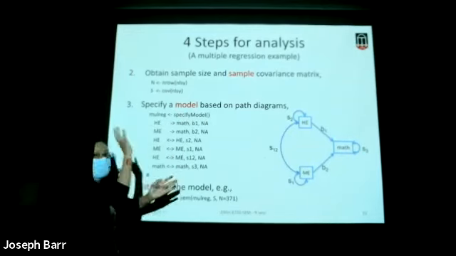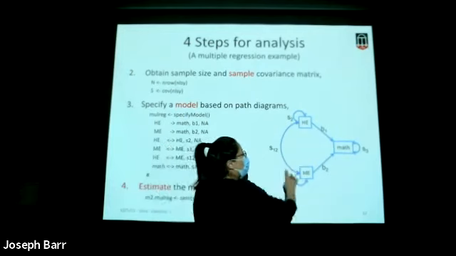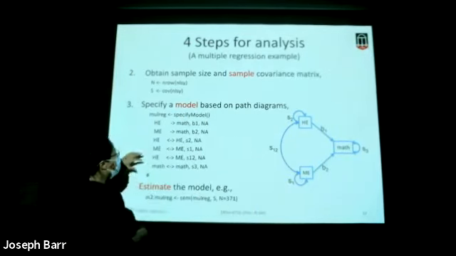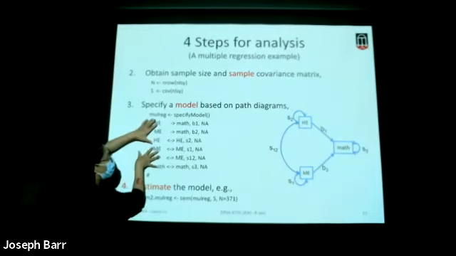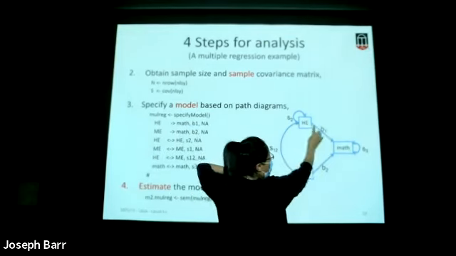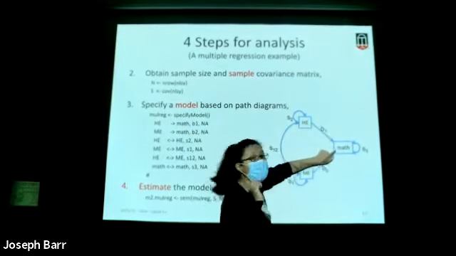And again, 3 components for each parameter. As we counted, we have 6 parameters that we need to estimate. So here we have 6 lines. Suppose the first one, B1. I want to estimate B1. What is the path B1? It is from HE to math.